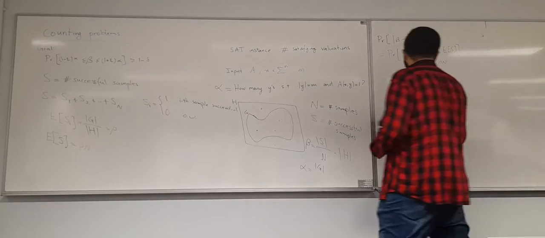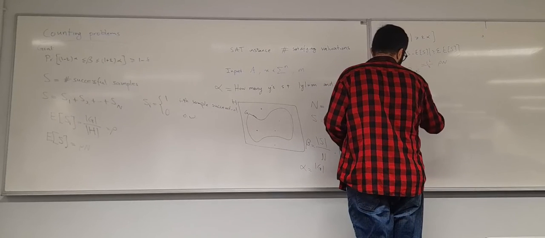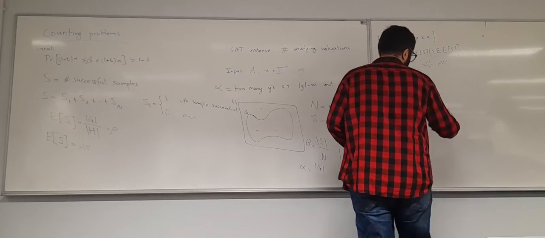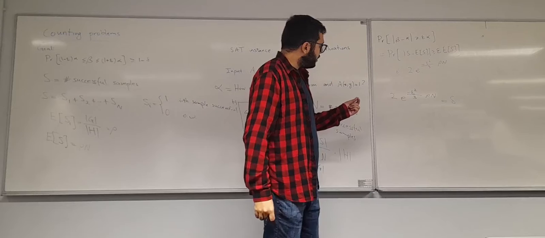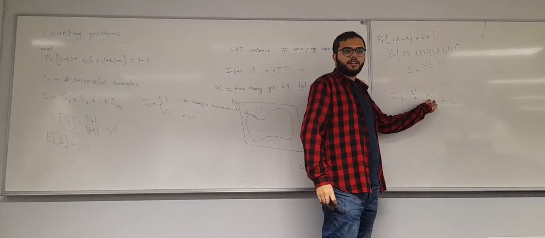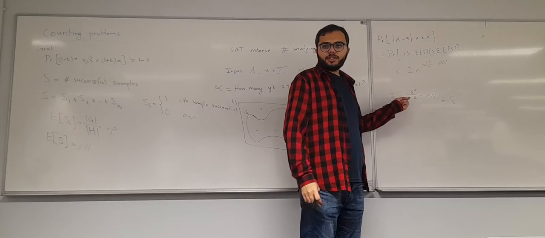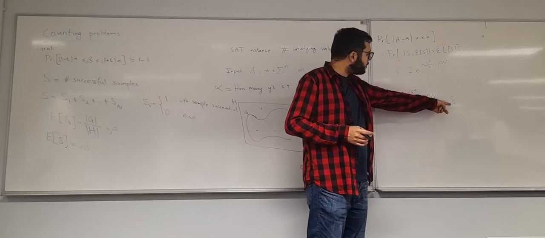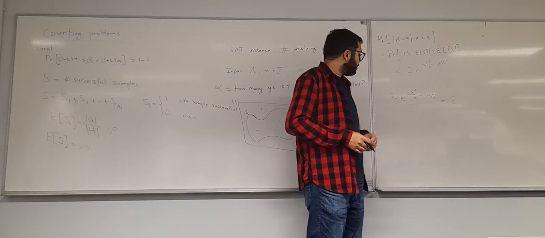So I should have 2e to the power of minus epsilon squared over 3 times rho n equals delta. And again, in this equation, the only thing that I can really control is n, right? Because, of course, epsilon and delta were just given to me. Epsilon was the approximation factor, delta was the probability of failure. I have no control over those.